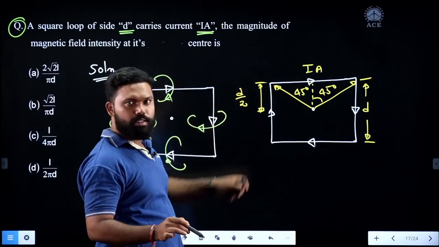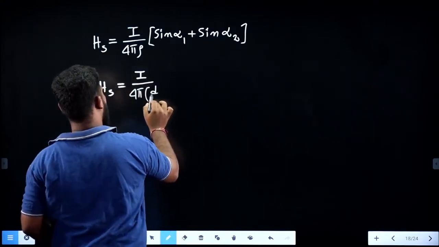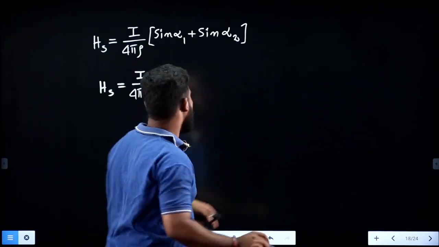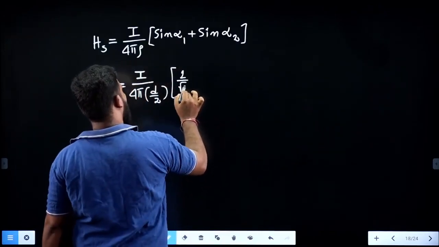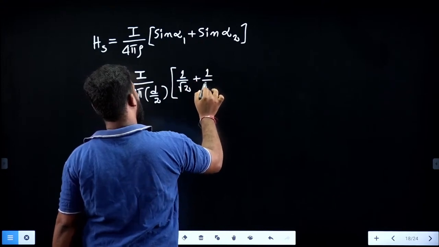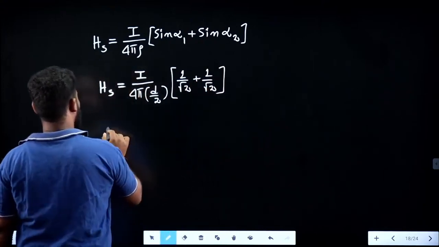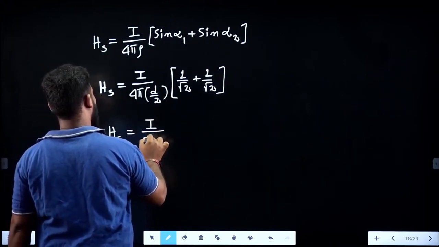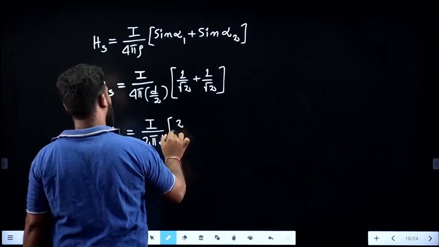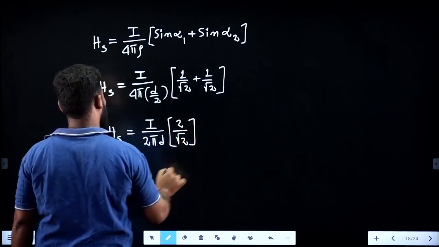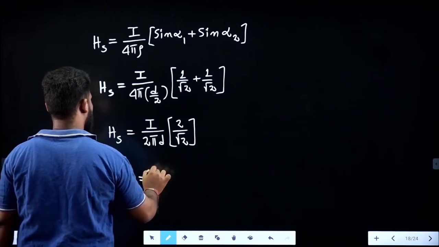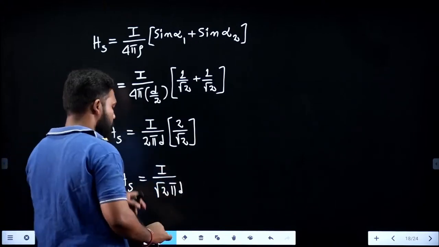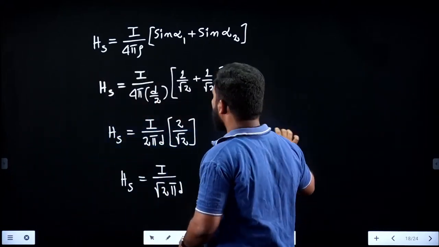What is the perpendicular distance? It is D by 2. What is the sine? 45, 45. Here it is 1 by root 2 plus 1 by root 2. So Hs is equal to I by 2 pi D into 2 by root 2. So Hs is equal to I by root 2 pi D. This is the magnetic field due to each side. What is the overall magnetic field?